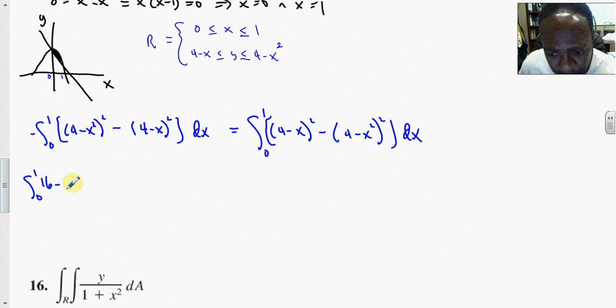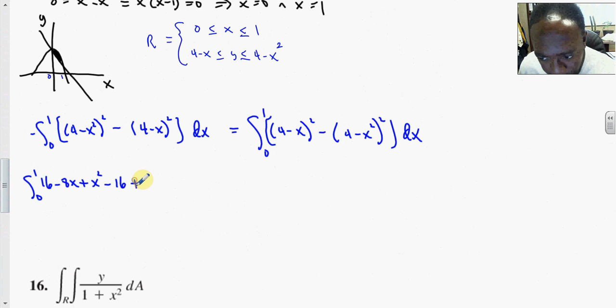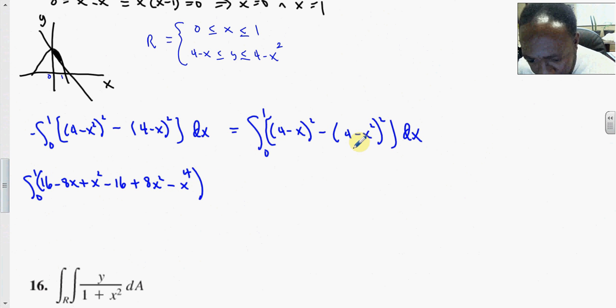This is 16 minus 8x plus x squared. This is minus 16 plus 8x squared minus x to the 4th. I took care of that negative when I FOILed as well.